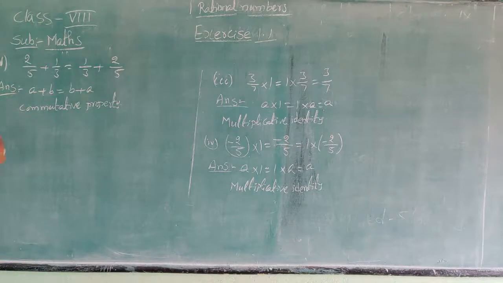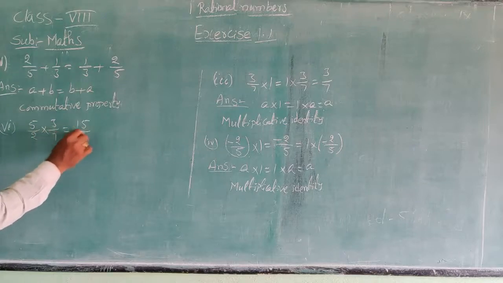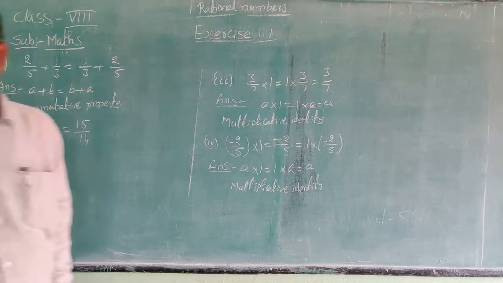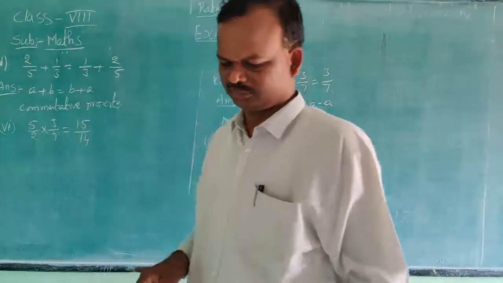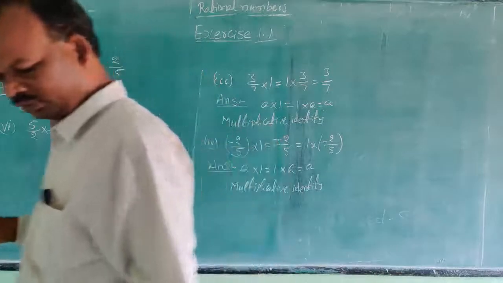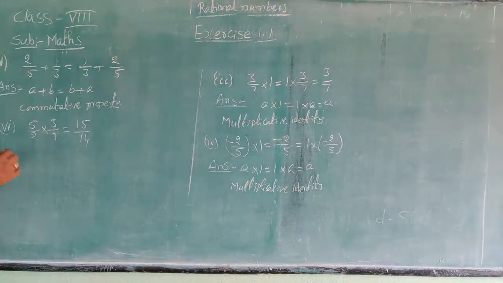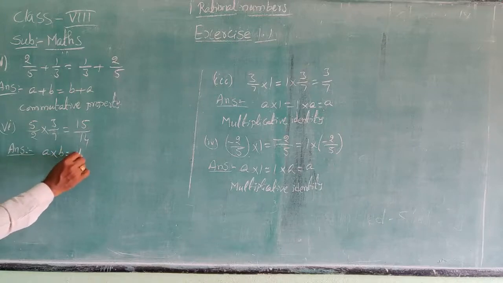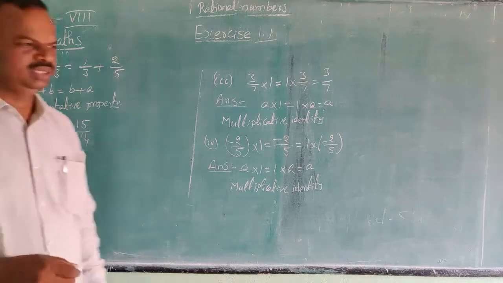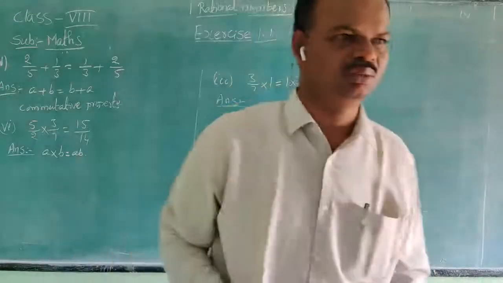Next, 5 by 2 into 3 by 7 is equal to 15 by 14. This is in the form of AB, that means a value into another value.